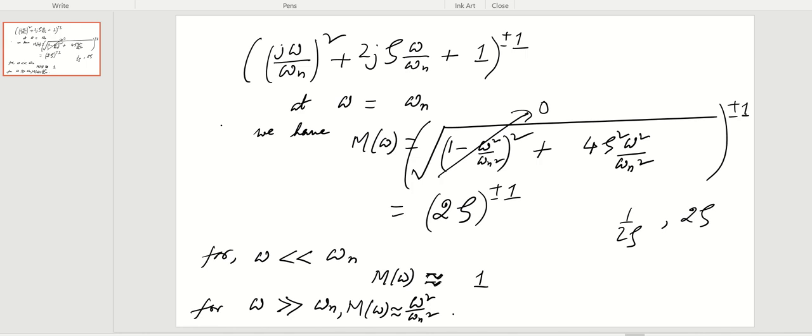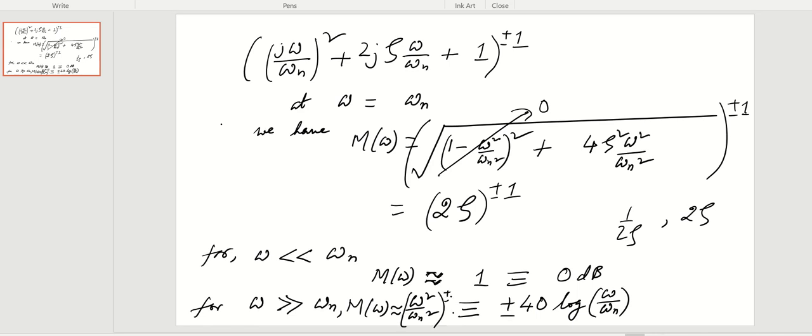Therefore this is equivalent to 0 dB as before, and this is equivalent to 40 log of omega over omega n. Again, this will have a power of plus minus 1.